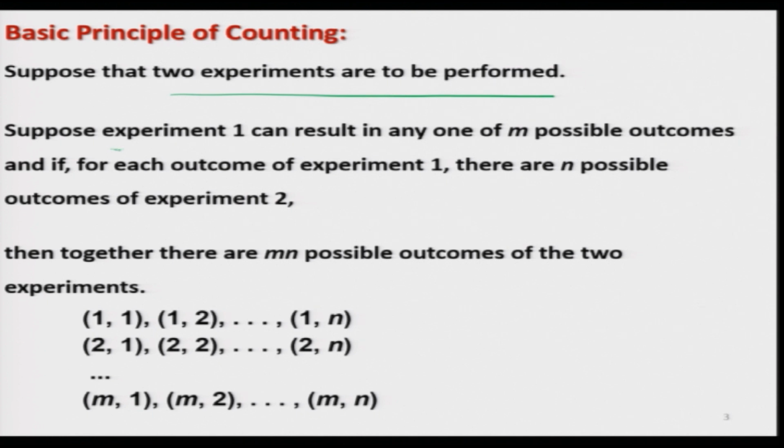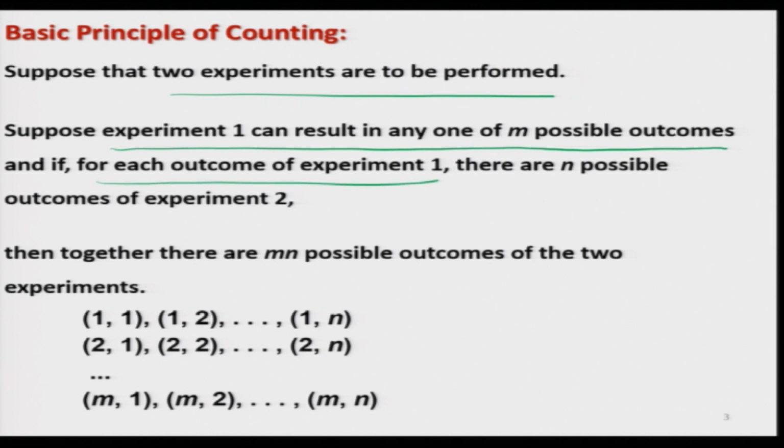Suppose experiment number 1 can result in any one of m possible outcomes, and suppose for each outcome of experiment number 1, there are n possible outcomes of experiment number 2.